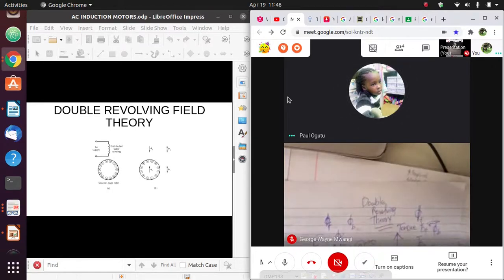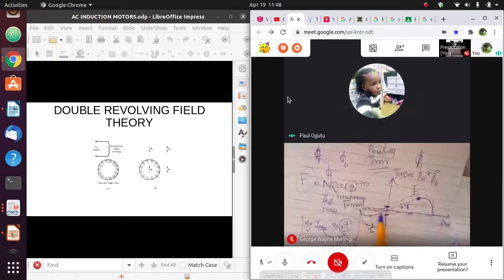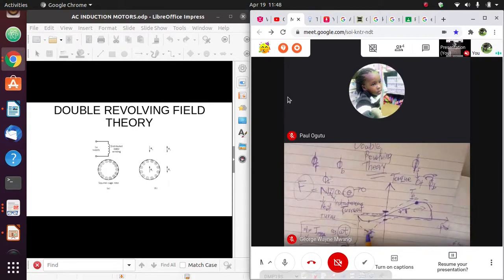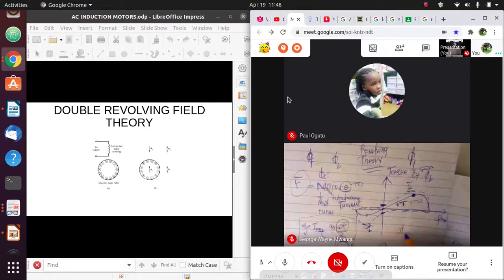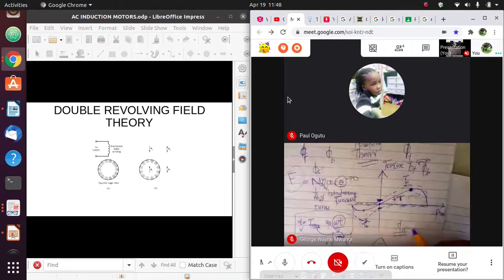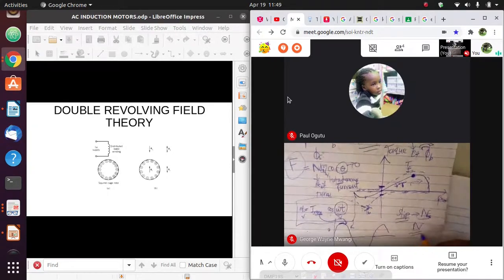Now, let us talk about something known as slip. This is an induction motor, and it operates with something we call slip. This is the difference between the synchronous speed Ns of the magnetic field produced by the stator and the speed of the rotor.